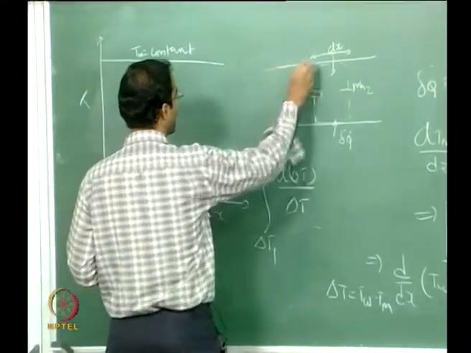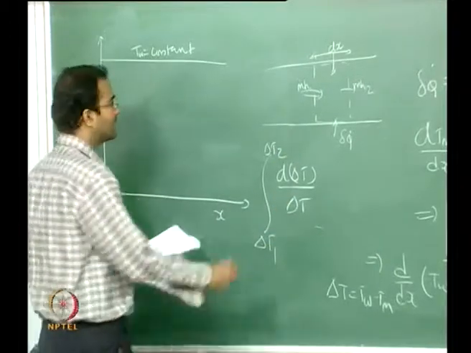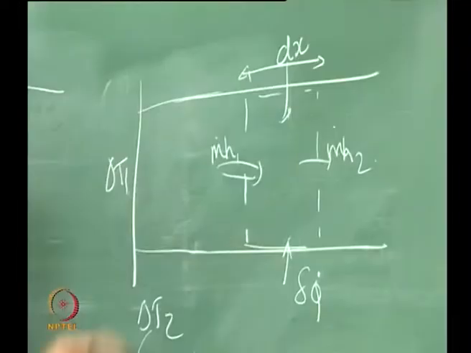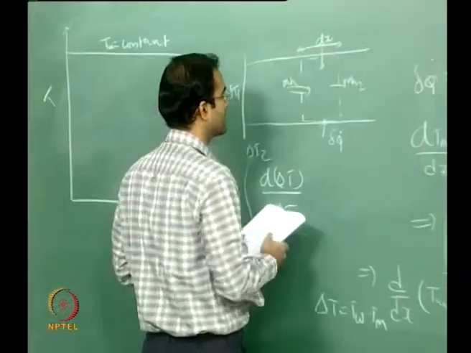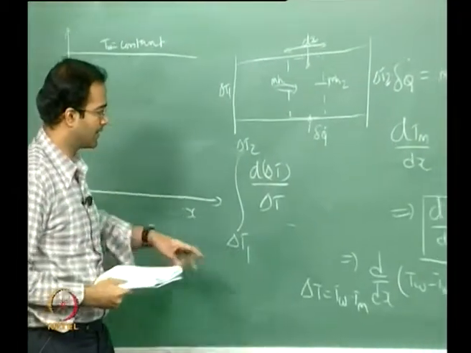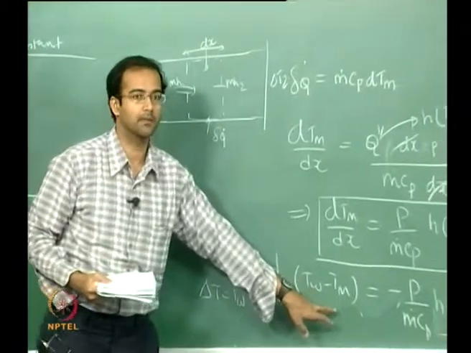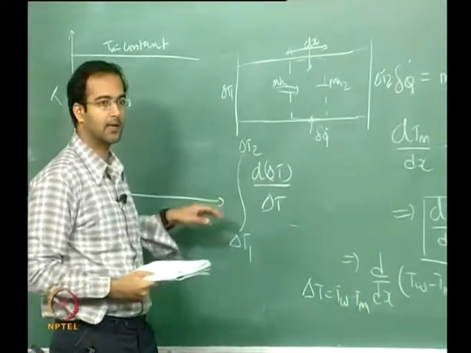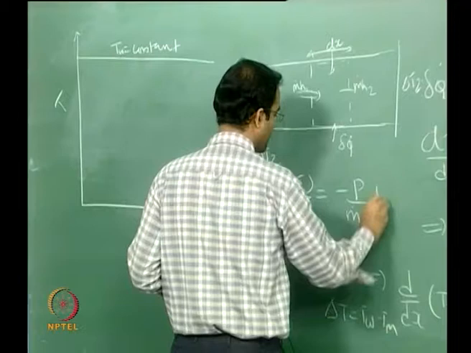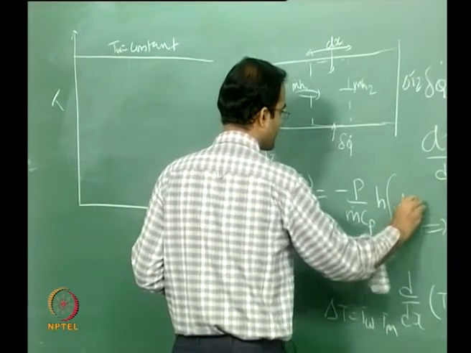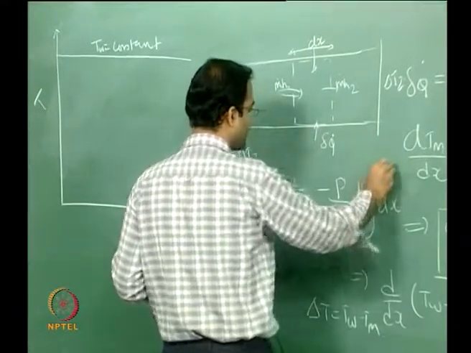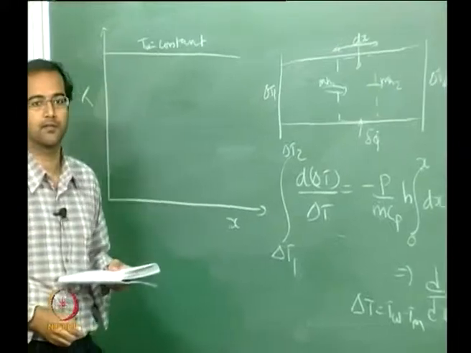What it means is, if you have a long duct, at the inlet that will be your delta T1, the difference between your wall temperature and the mean temperature, and at the exit somewhere that is your delta T2. Once I have an equation for this temperature difference, T wall minus T mean, I can simply integrate it from the inlet to the outlet, so that this should be equal to minus P by m dot Cp into h dx. I integrate this from 0 to the entire length, or whichever location where you want to find the appropriate temperature difference.